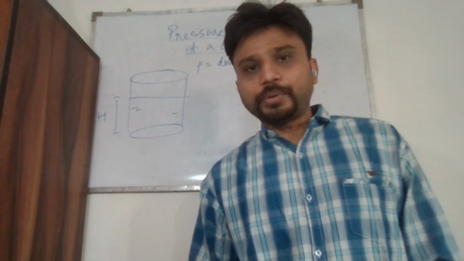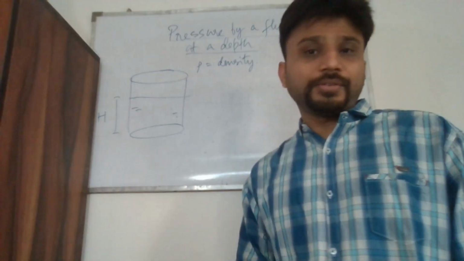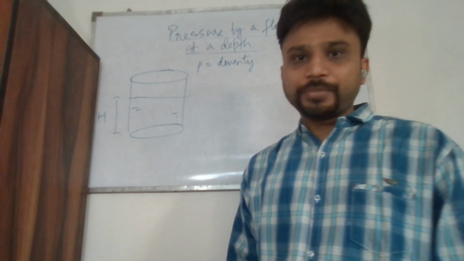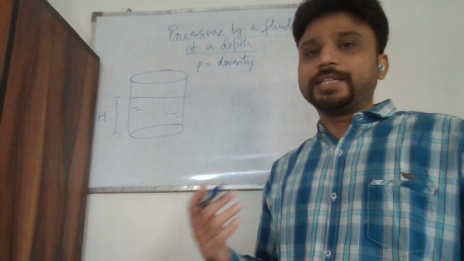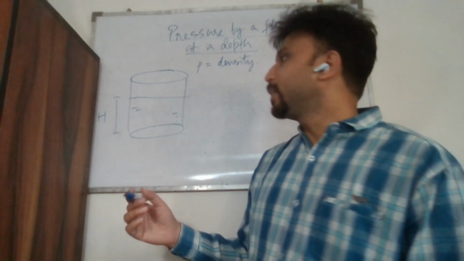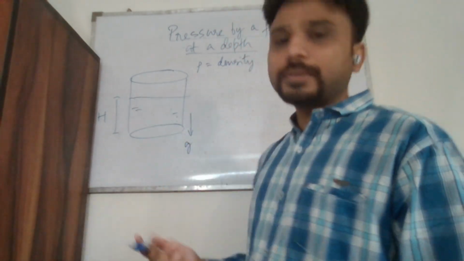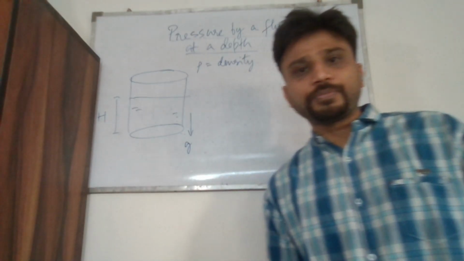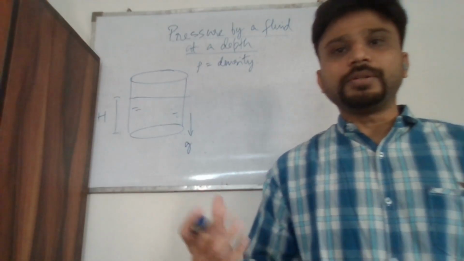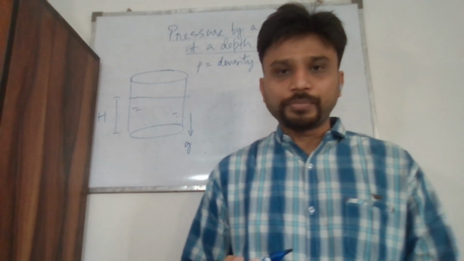So it's pretty important that we have the density of the fluid because it tells us the amount of pressure it is going to exert. Naturally, if its density is more, the pressure is going to be more. Similarly, if we have more acceleration due to gravity g, then also the pressure is going to be more. For example, say we have water contained in a bottle and we look at what pressure it is exerting at the bottom of the bottle.